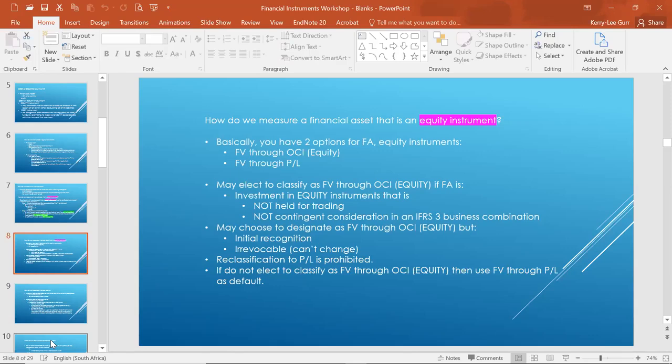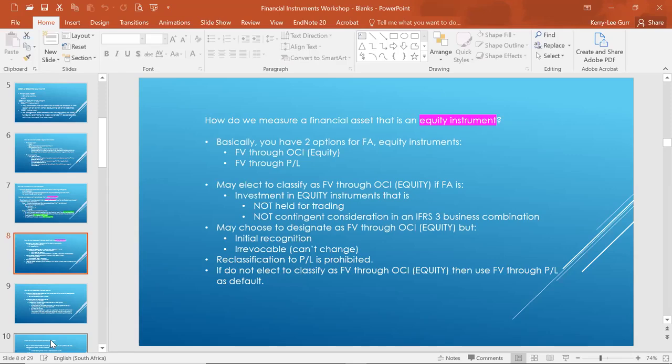When we are looking at classifying as fair value through OCI equity, what's quite nice is really they need to tell you in the question, because the entity has to designate the shares, the financial asset, as fair value through OCI on initial recognition. So they have to tell you that the company has decided that they're going to use fair value through OCI, and that decision is irrevocable.